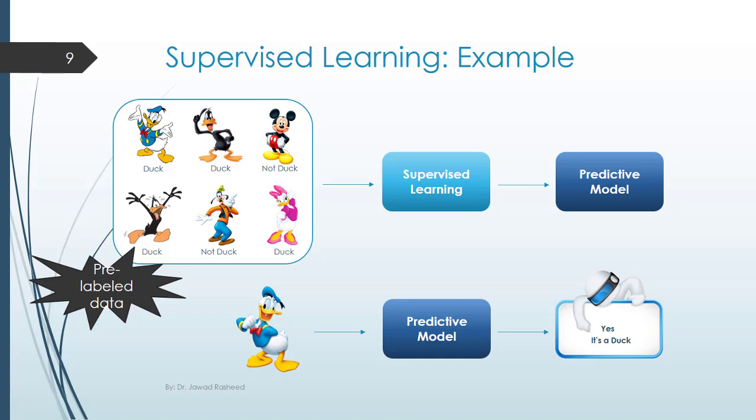There can be more labels, for example duck, Mickey Mouse, and another. It's just an example. In this example we have two types of labels, duck and not duck. Not duck means anything else other than the duck.